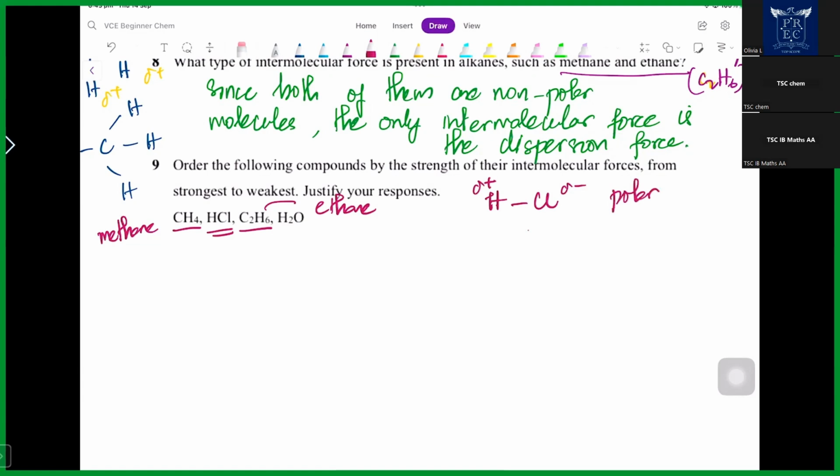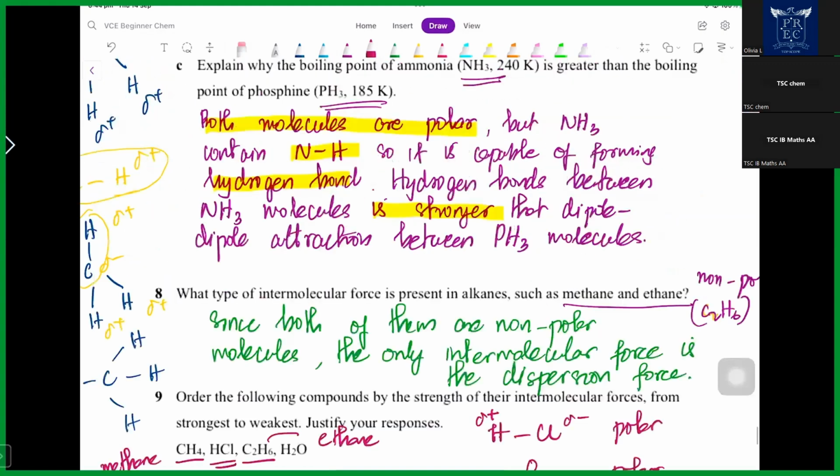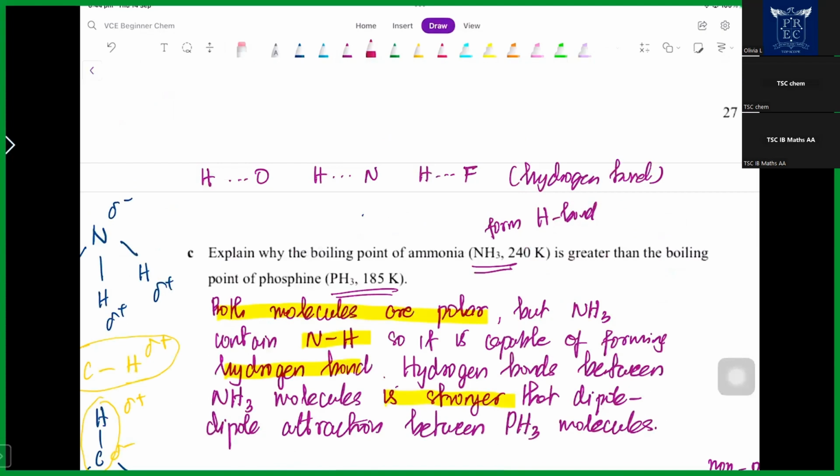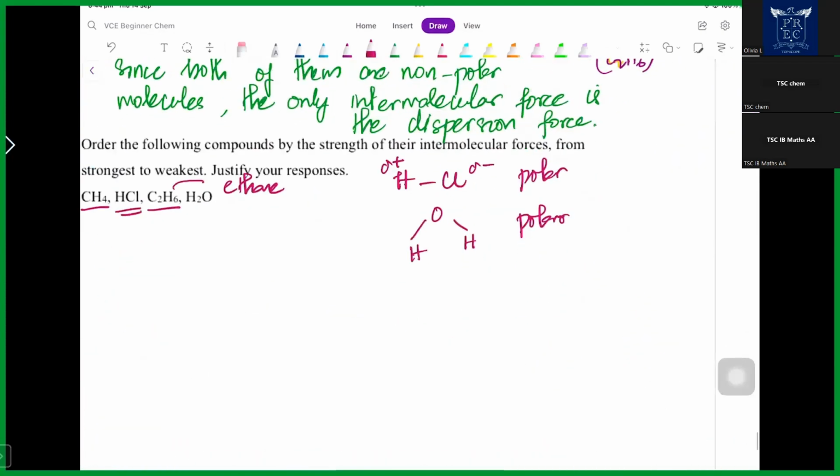How about water? It is polar. But what is so special about the polarity of water? Hydrogen bonding, because between O and H, remember I mentioned just now that hydrogen bonding only occurs between these three pairs of bonds. So in this case, polar plus hydrogen bonding.